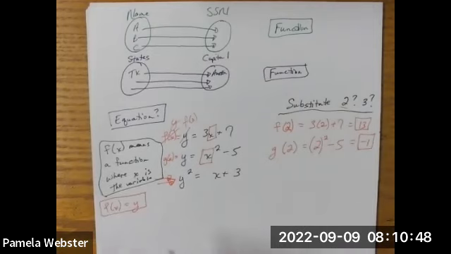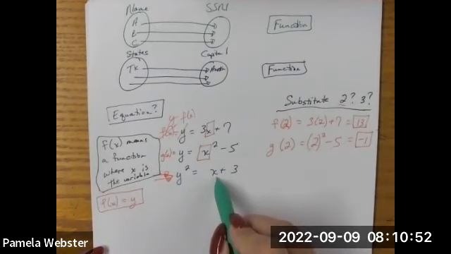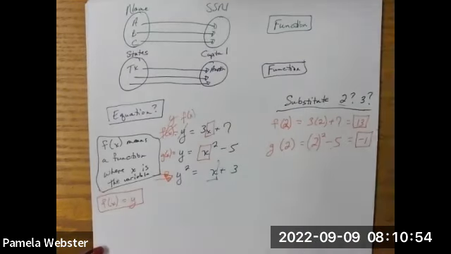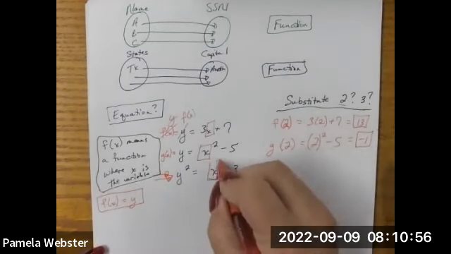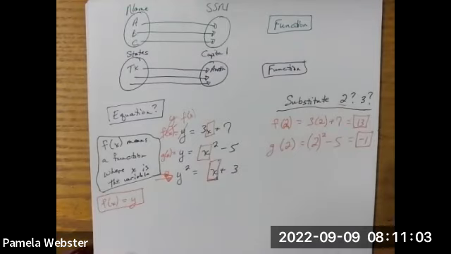Okay, so here we go. I want to put in 2 for the x here, but I've got a little bit of a problem. Both of these were solved for y. This one's not solved for y. So before I plug in my 2, I need to solve for y.